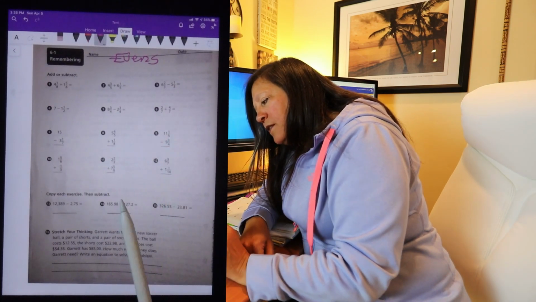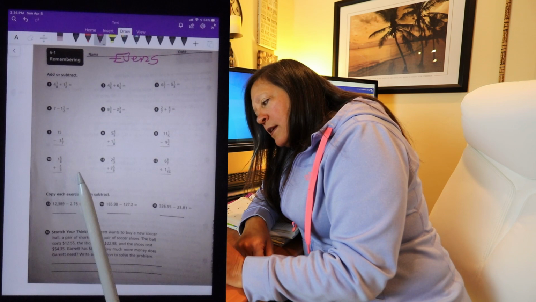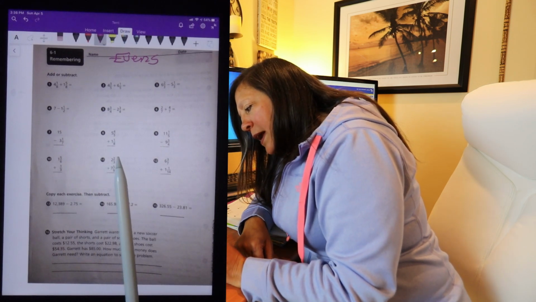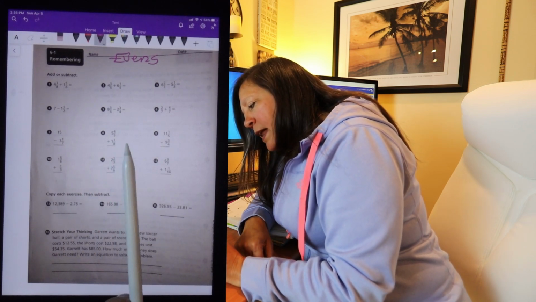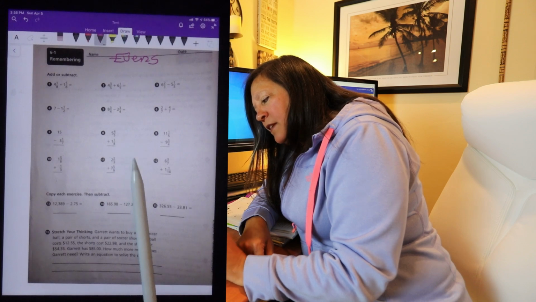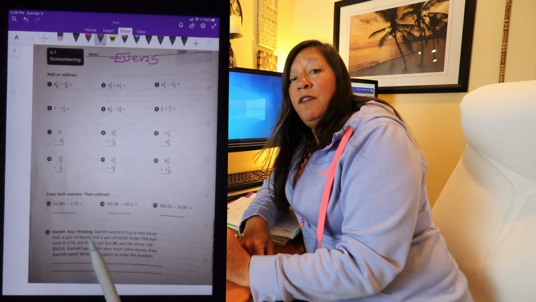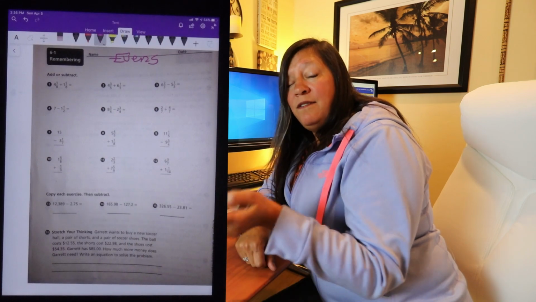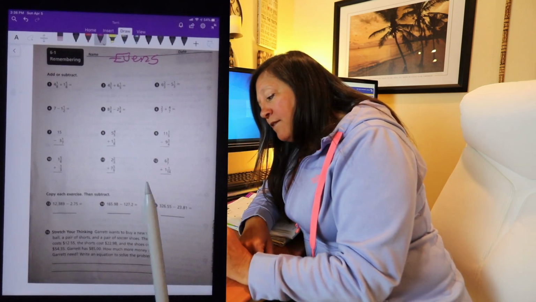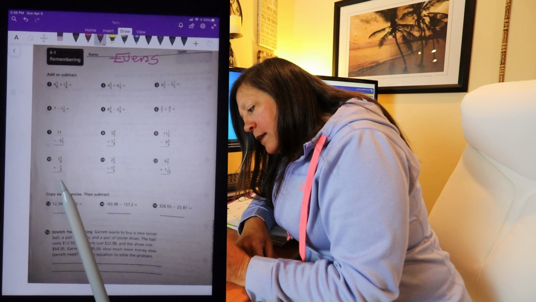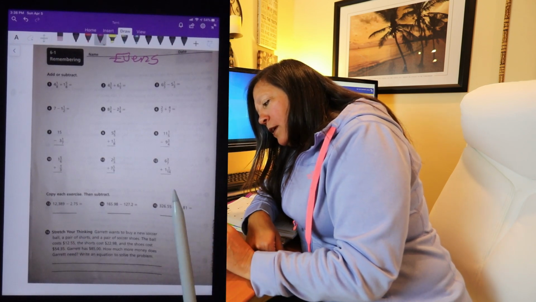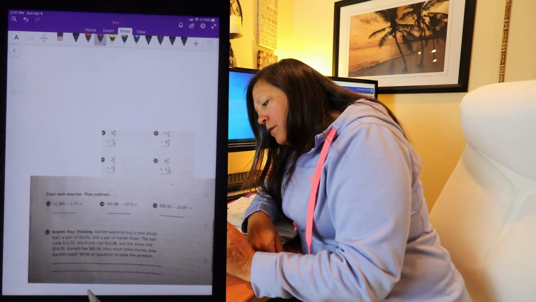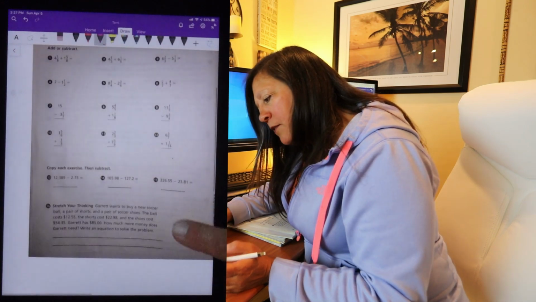Number 6 is adding. That one's okay. Number 8, you're adding mixed numbers. You need to get a common denominator for 5 and 8. Remember the first number that both of them go into, and it might be 5 times 8 and 8 times 5, okay? And 10, common denominator, and 12, okay? Get a common denominator for that.